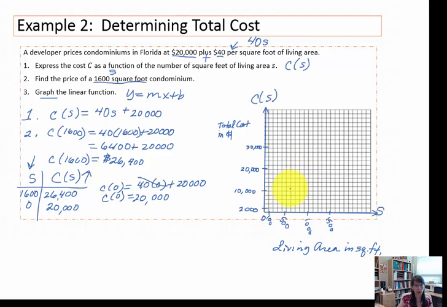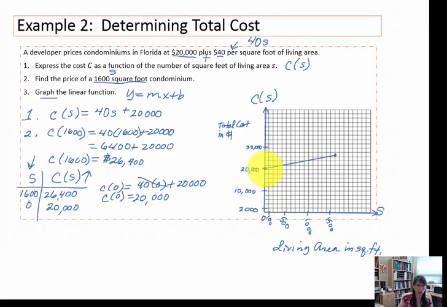Next I'm going to plot the ordered pairs. So we have 1,600 and just a little past 26,000. And then we have 0, 20,000. We'll draw the line to connect these ordered pairs. And then we have to think about dots versus arrows. So at the y-intercept 0, 20,000, if we go to the left, that would be negative living area.